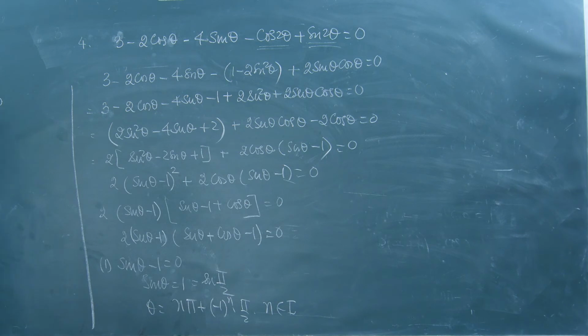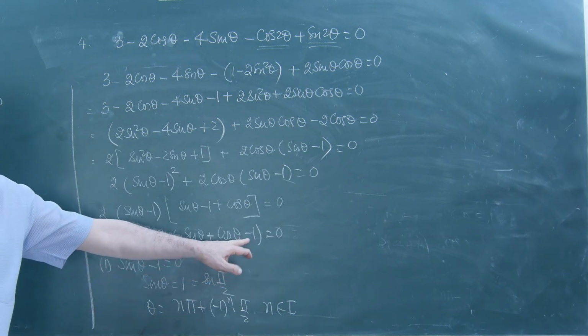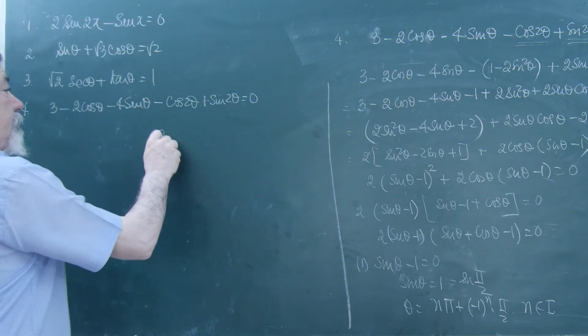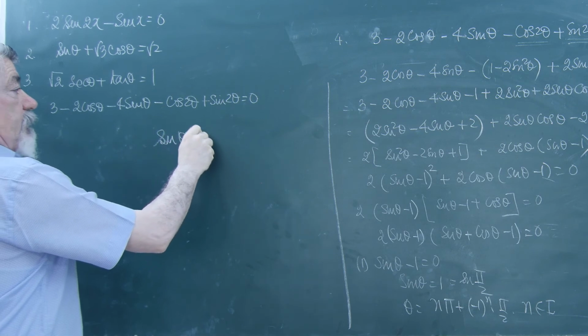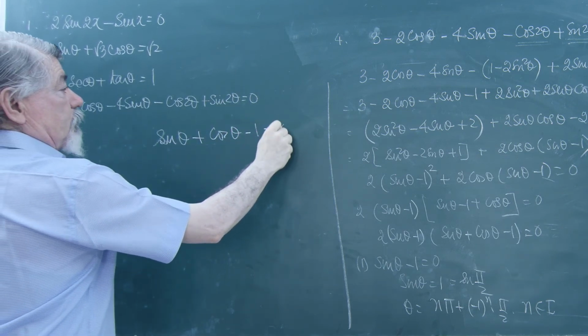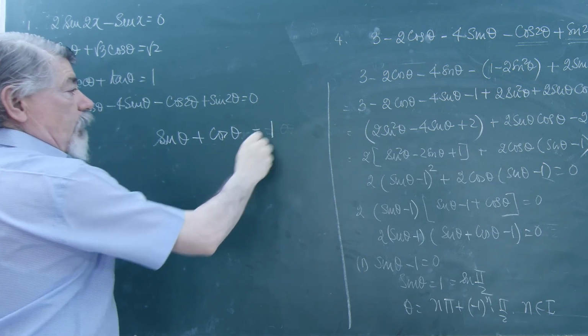which is this equation, sine theta plus cos theta minus 1 is equal to 0, or sine theta plus cos theta is equal to 1.